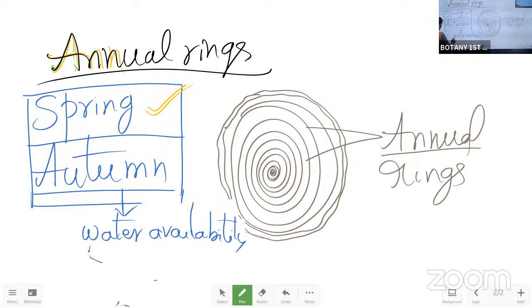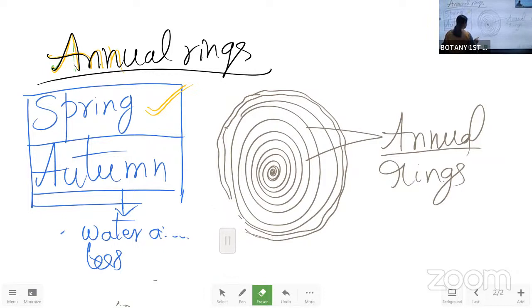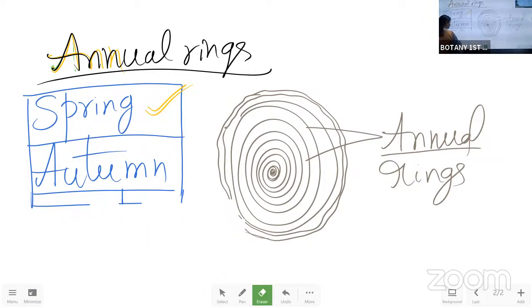That's what we are saying in the autumn season. Okay. Now we will see how the cells are formed and in which season much more growth can be seen. Even we can say whenever suitable conditions are there, in that season only more number of cells are formed. Okay.